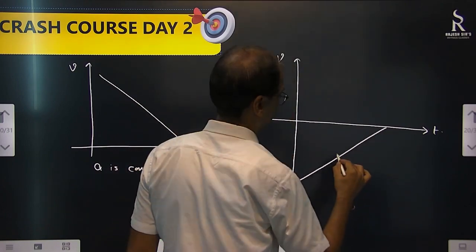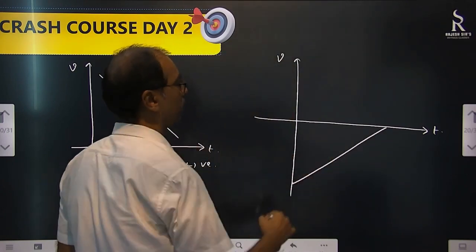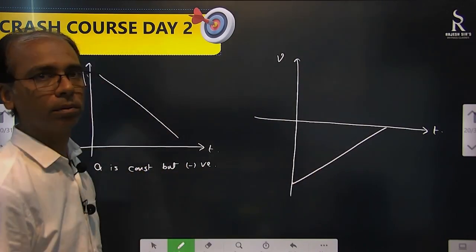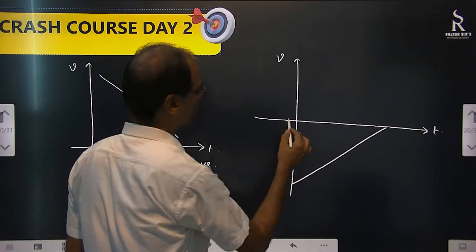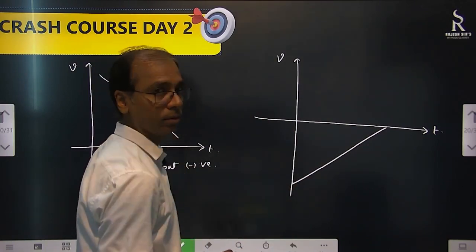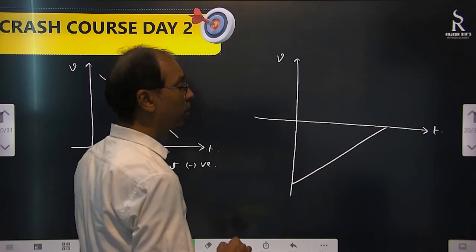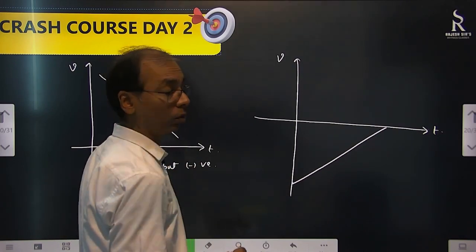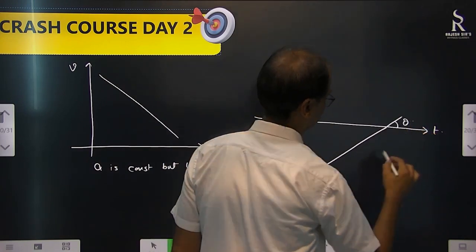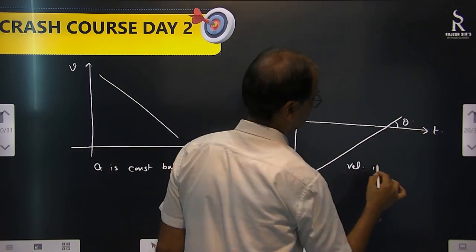What's happening here? This is negative velocity in this direction, the negative y-axis. So velocity is negative, but what about the slope? Slope is positive. This is the slope, no?